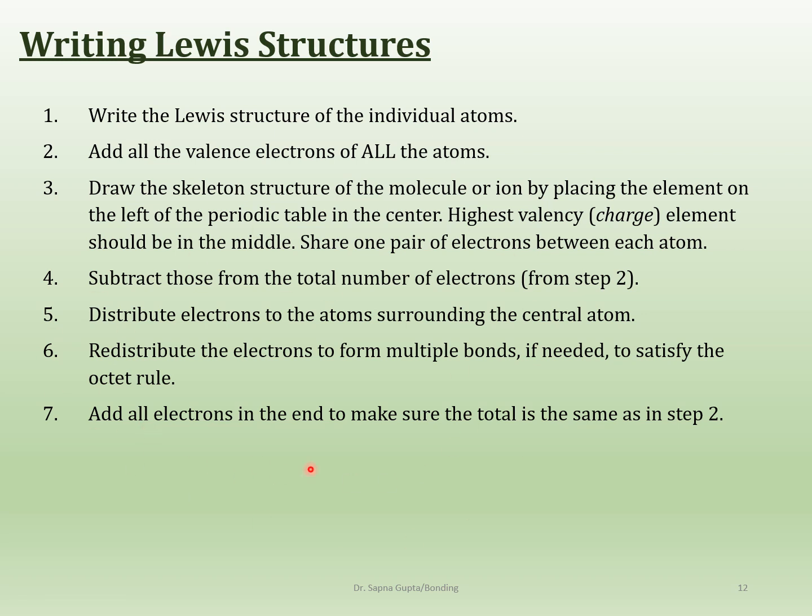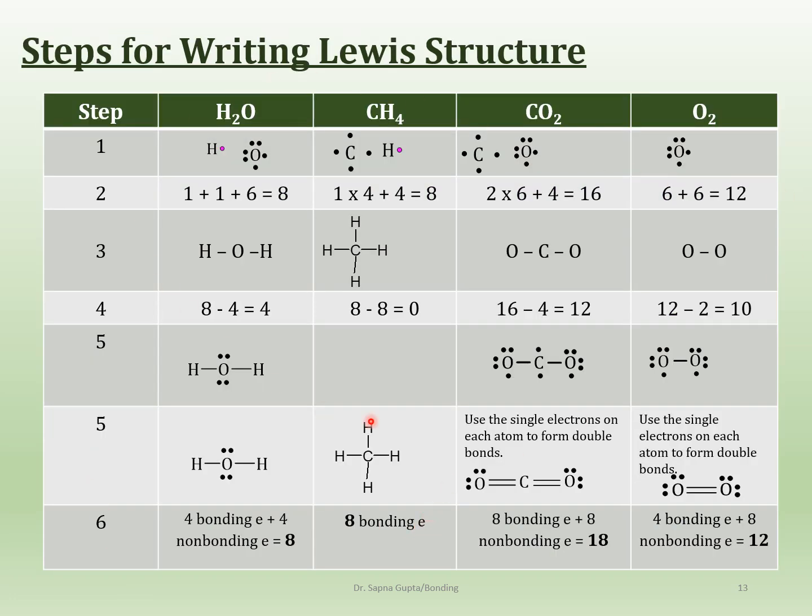So then you figure out how many electrons are going to be bonding, any non-bonding electrons and whatnot, okay? At the end, add all the electrons to make sure you have the right number of electrons. So this slide here goes through all those steps, okay? And then I've just skipped the 7th one because we are just counting all the electrons in there, okay?